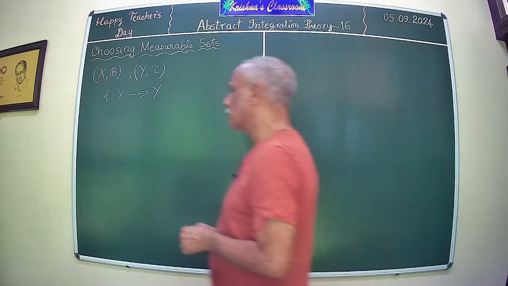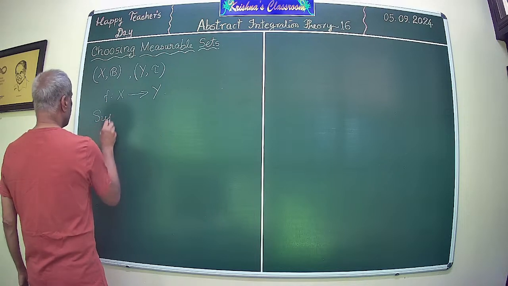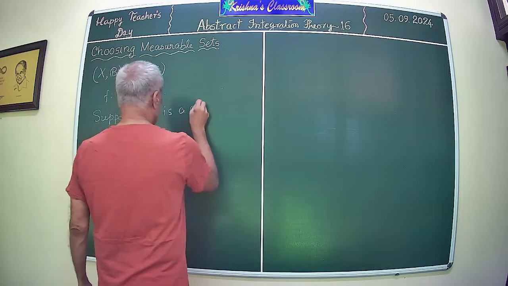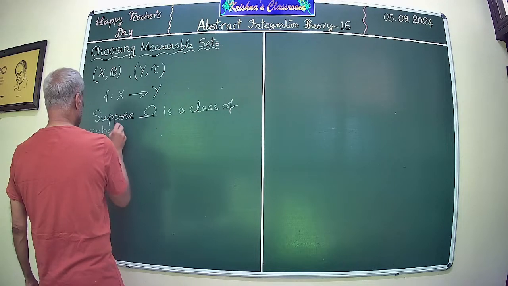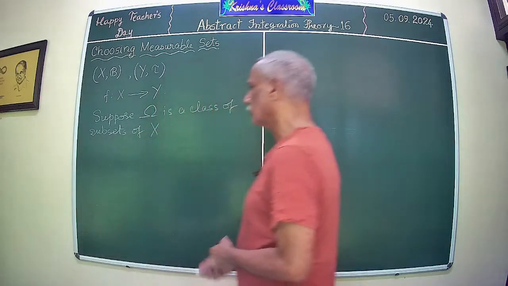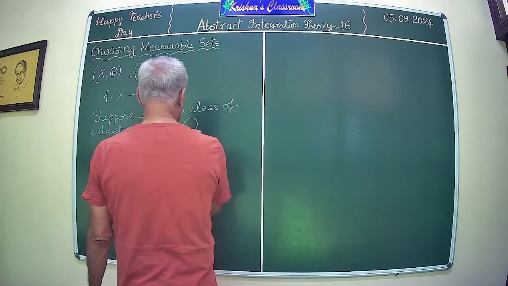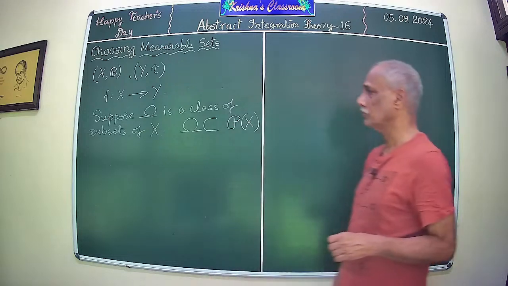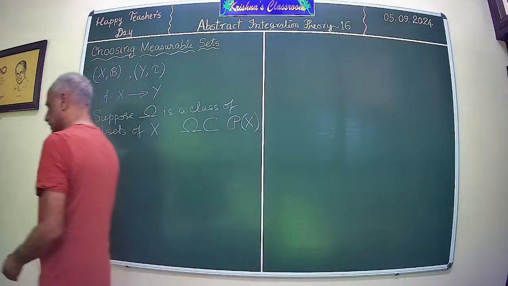Now you see that this is done as follows. Suppose omega is a class of subsets of X. That is, omega is contained in the power set of X, some collection of the power set of X. In fact, the whole power set of X is a sigma algebra.